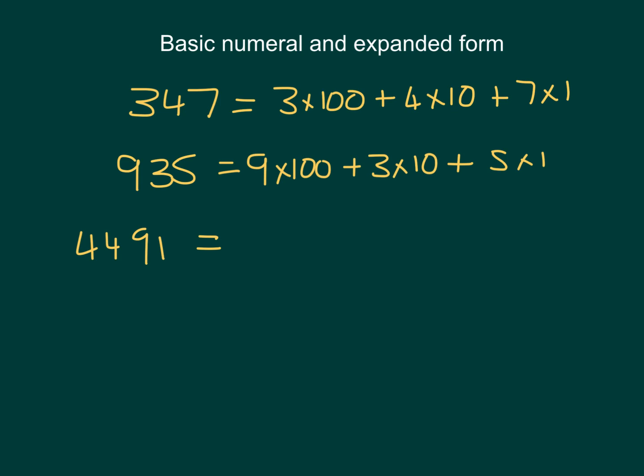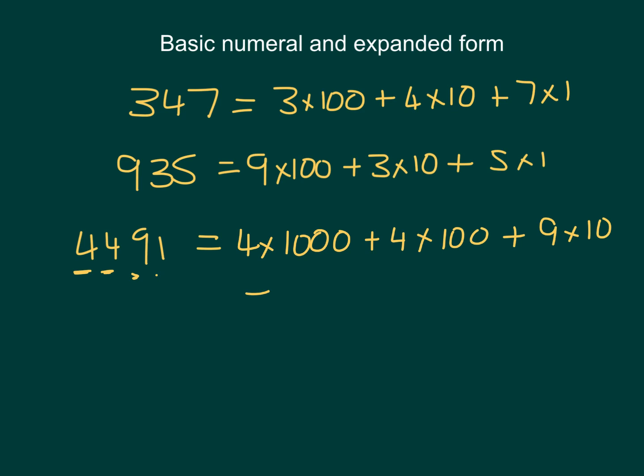Well, we just carry on. 4 by 1,000, because now we've got thousands, that's 4,000, plus 4 by 100, that's our hundreds, plus 9 by 10, and finally plus 1 times 1. That is called expanded form.